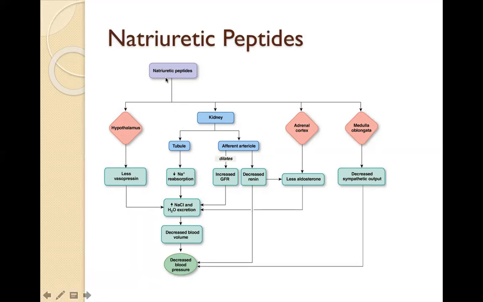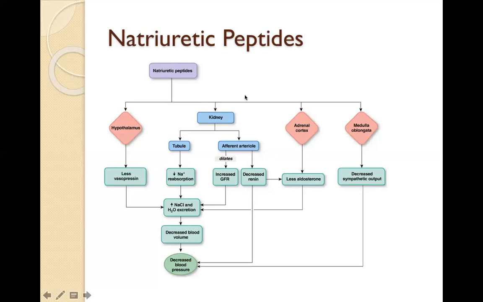Natriuretic peptides have a direct effect on the adrenal cortex, and specifically the zona glomerulosa of the adrenal cortex, and you'll get less mineralocorticoid released, less aldosterone, and with less aldosterone, that means that you're going to get an increased excretion of sodium.